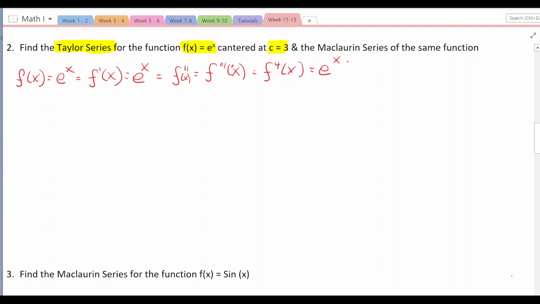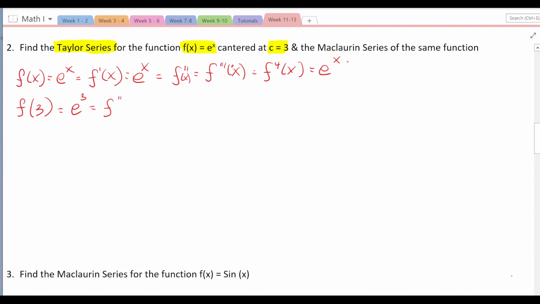So for the Taylor series, the center must be substituted into the function. The function is e to the x, and therefore the value of our coefficient at center equals 3 will simply be e to the power of 3. Taking the derivative, it will still be e to the power of 3.